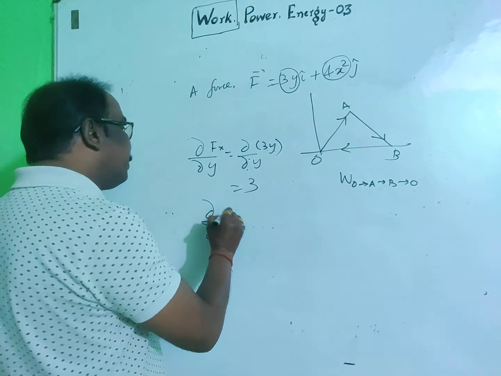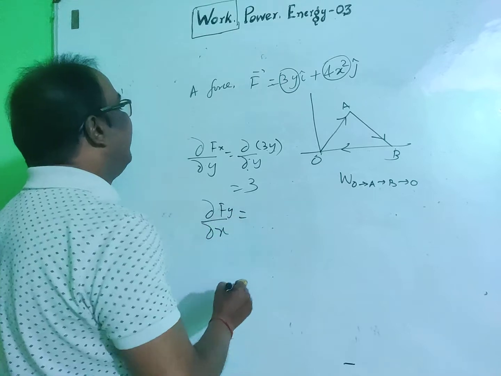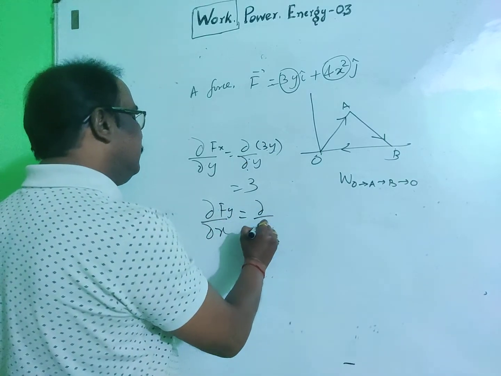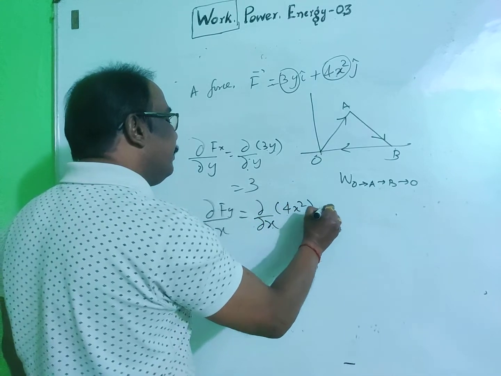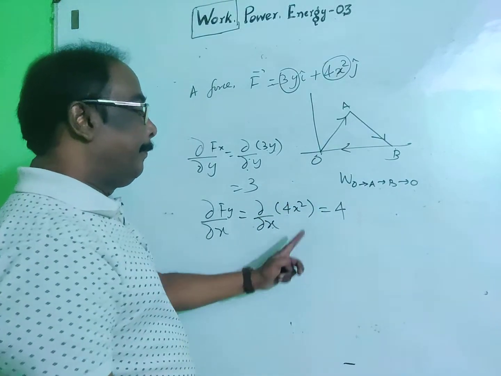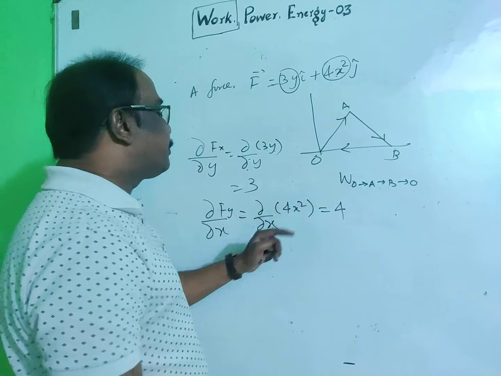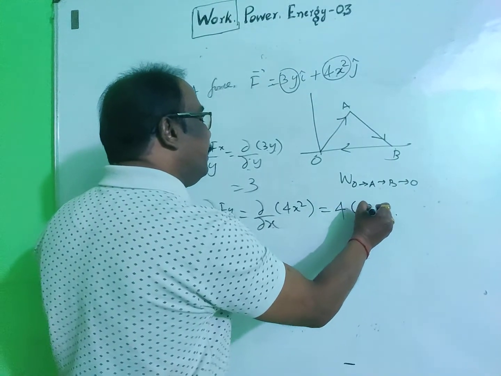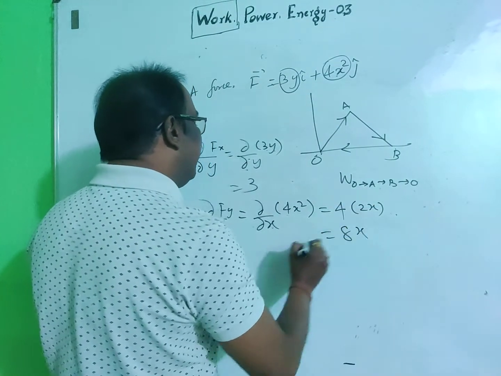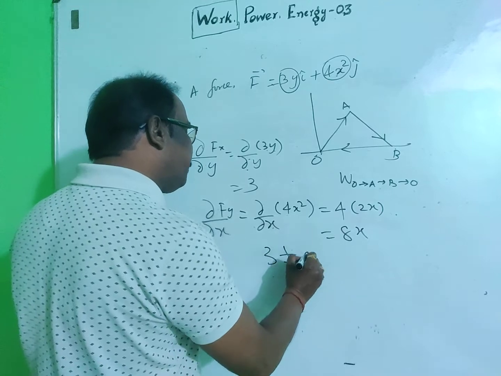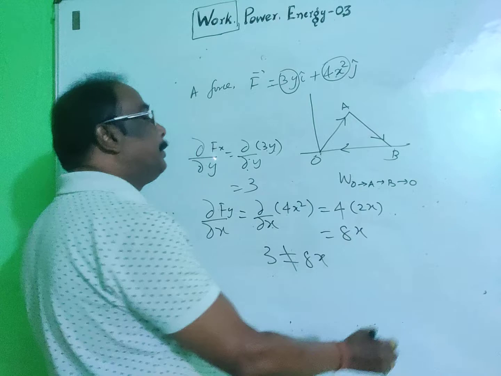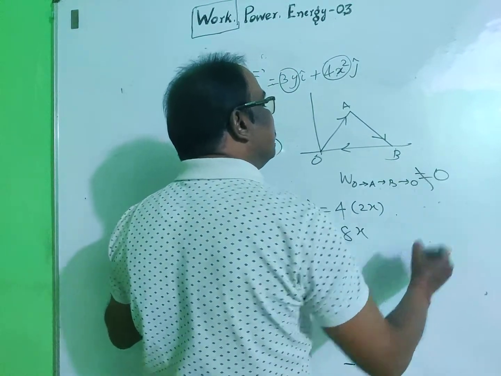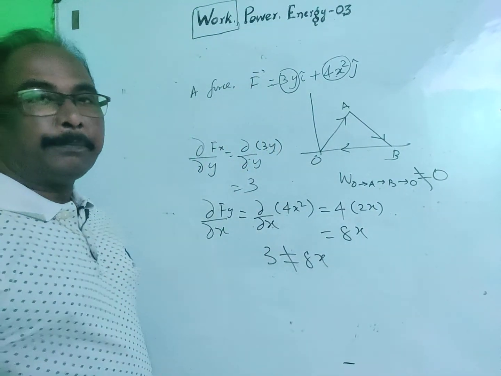Similarly, dFy by dx is d by dx of 4x square. Bring 4 outside, d by dx of x square is 2x, then this is 8x. So 3 is not equal to 8x. So the force is non-conservative, so work is not 0.